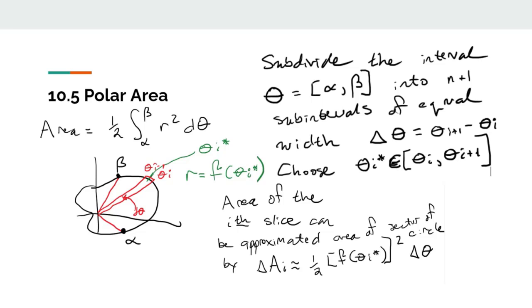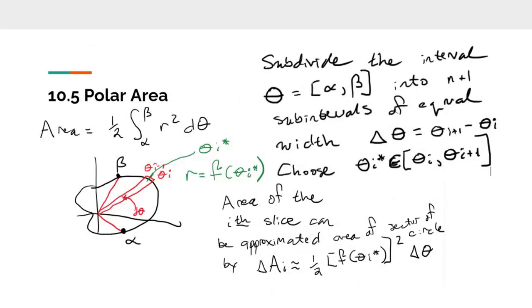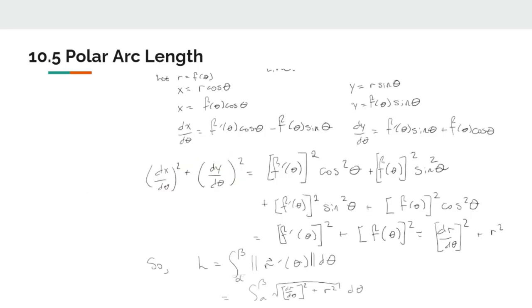I didn't write that on here anywhere, but I know it was in some of the homeworks, like WebAssign. So that might also come up: area enclosed between two polar regions.